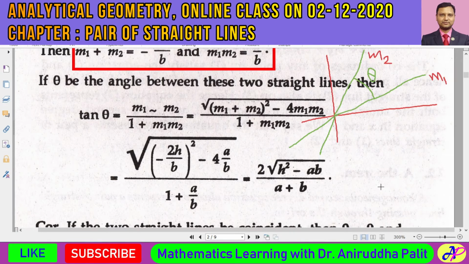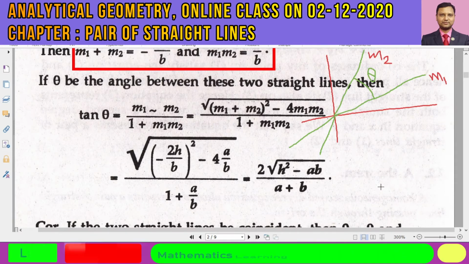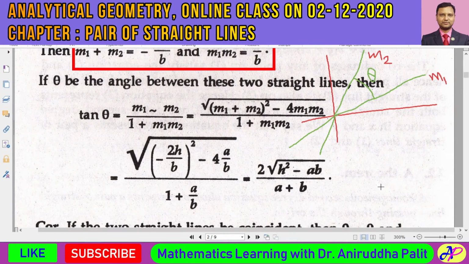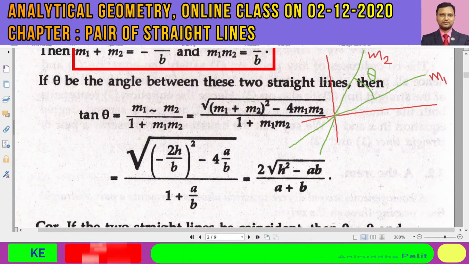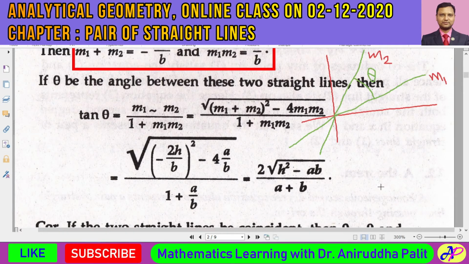Tan theta is equal to 2 root over of H square minus AB divided by A plus B. That is again a standard formula that we shall use in future without any deduction.